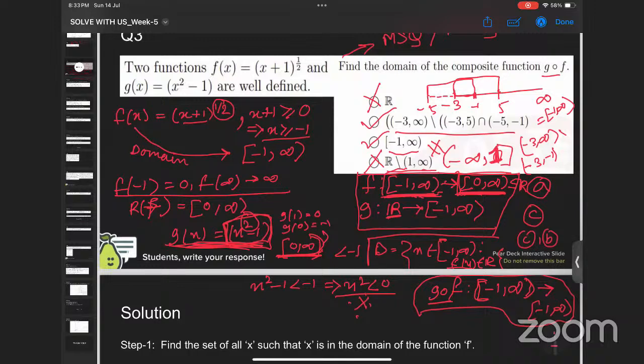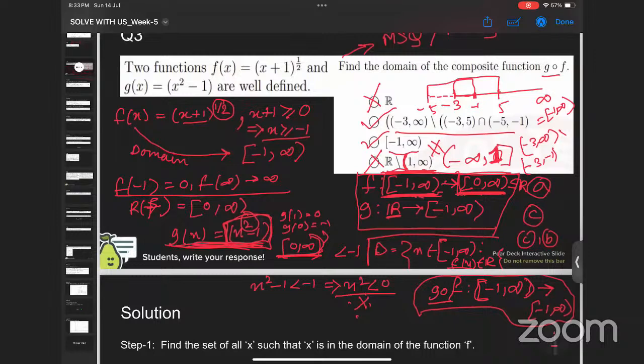From minus infinity till 1 we are excluding. But including minus 1? Here it is an open interval at 1, so we are not taking 1. So 1 will be in this domain.